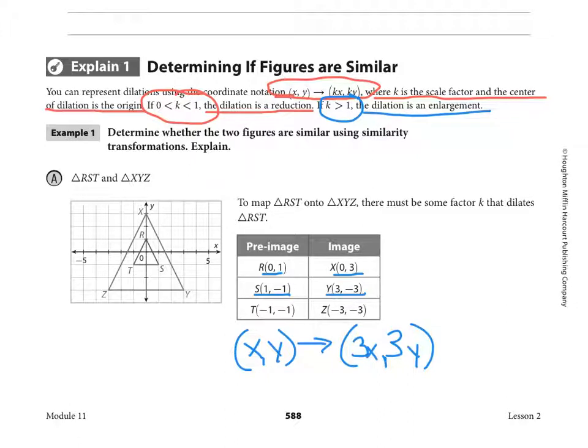They always have to be the same. What you do to x, you must do to y for it to be an even dilation. If those aren't even, all the pieces aren't going to get larger by the same factor as the other ones. So our scale factor in this example is 3.